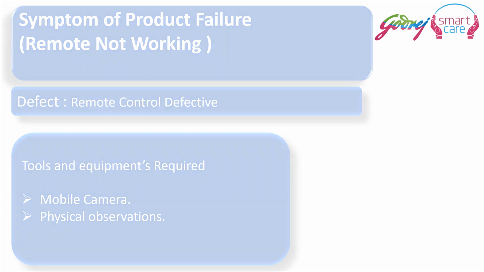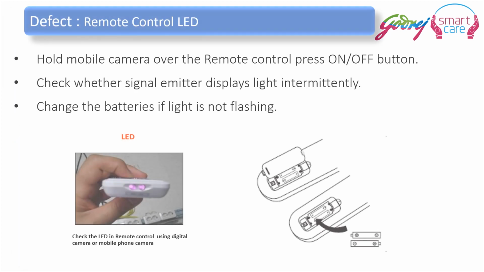This is how it looks when we see it through a mobile phone camera. We can see the LED glowing in a light pink color when any button is pressed, which indicates that when the button is pressed, the remote is emitting infrared rays respective to that button, so that button is okay.